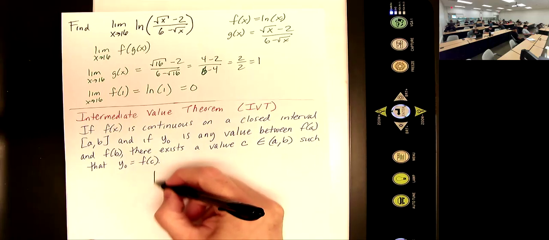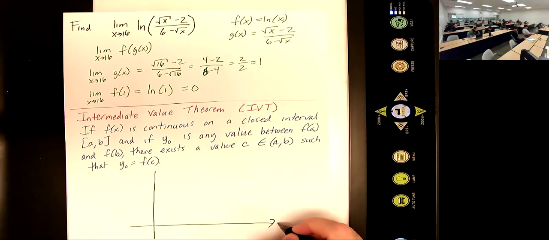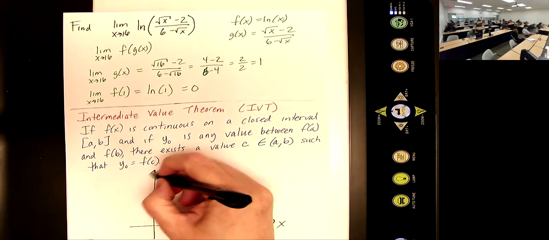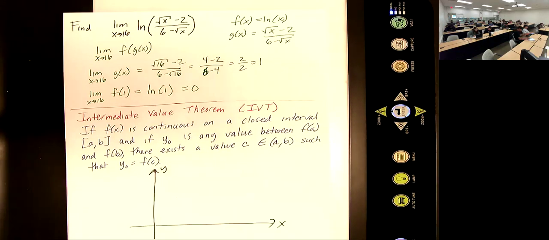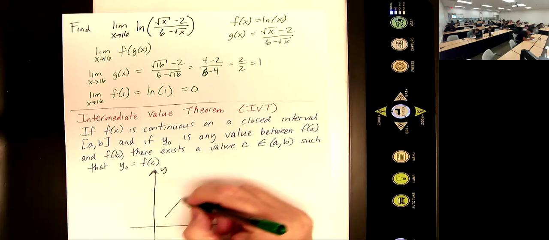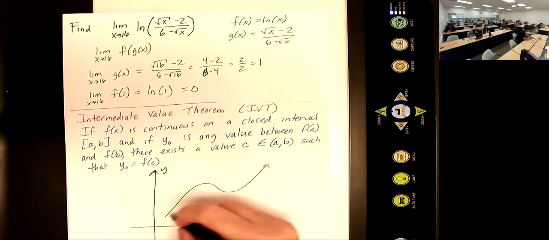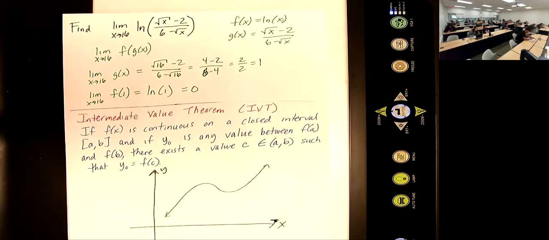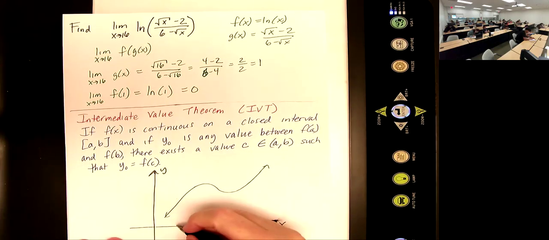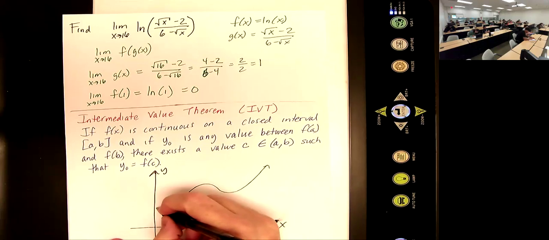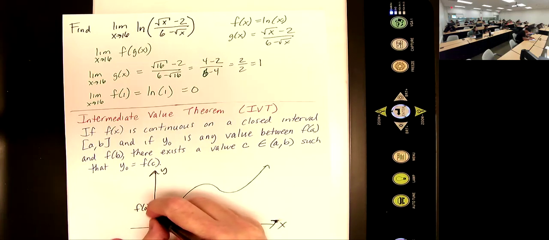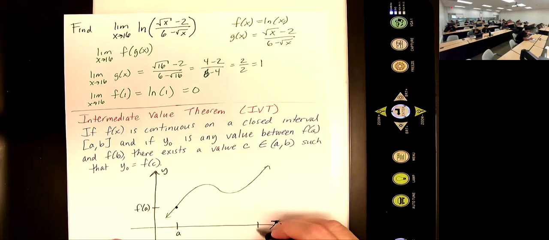We got some graph. And I'll say A is right here. Which makes that f of A. And I'll say B is over here.